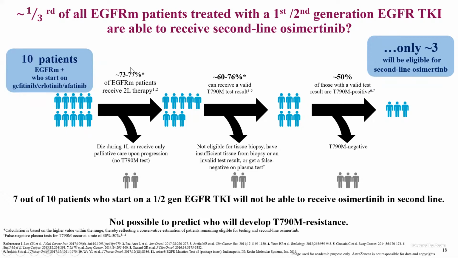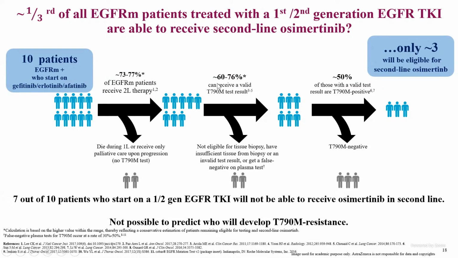Then 73 to 77% of the EGFR mutated patients receive second line therapy, because 2 patients out of these died during first line or received only palliative care upon progression, with no T790M test done.